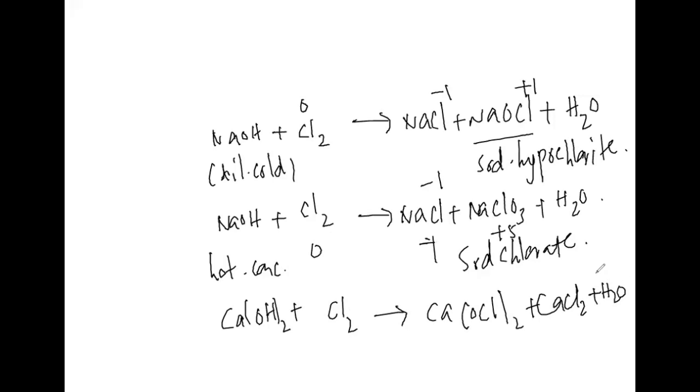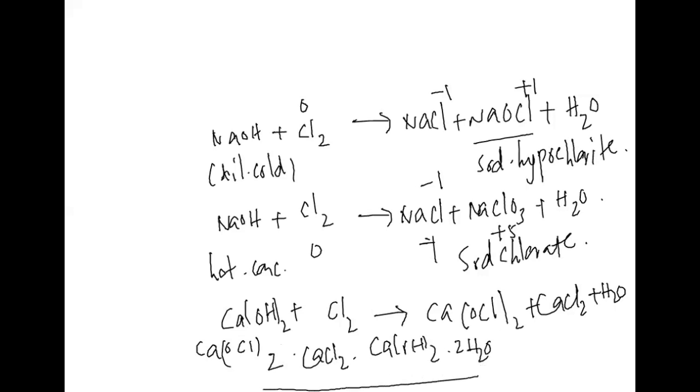But actually, the composition of bleaching powder is Ca(OCl)2 dot CaCl2 dot Ca(OH)2 dot 2H2O. This composition, please remember this. Sometimes you can expect this.